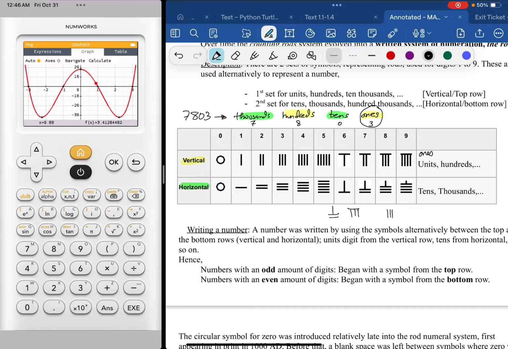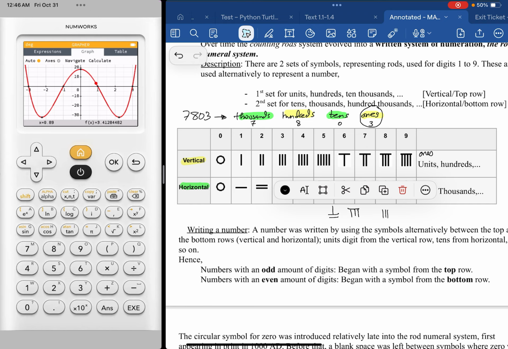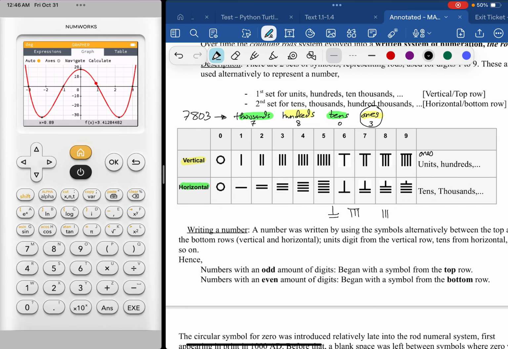All right. So these 4 values, 1, 2, then the missing one, 4, that equates to 7,803.